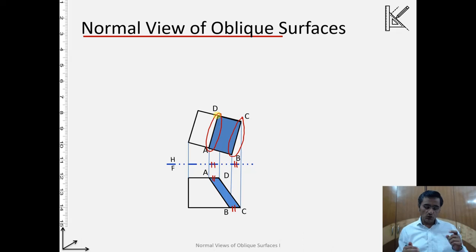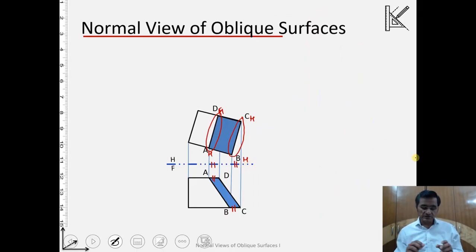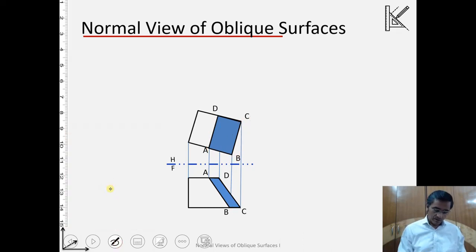We could have written them as AH, DH, BH and CH here. Once these are known to me, they are known as the true length projections. Using the true length projection, I can create the S view. So let's do it.